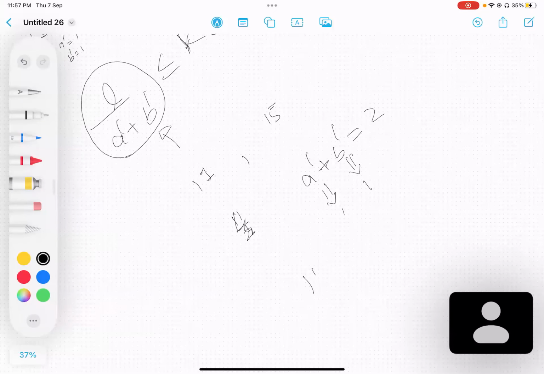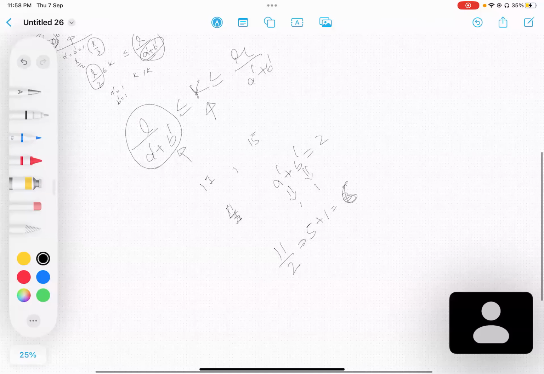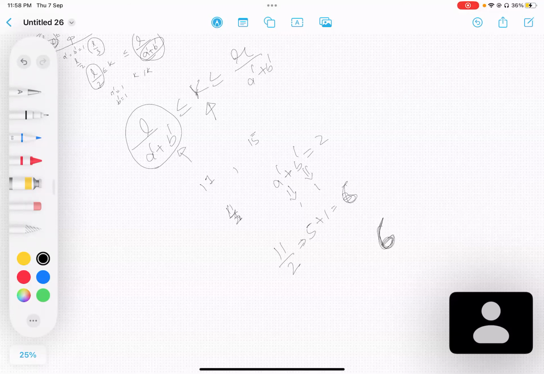If we divide 11 by 2, we will get 5, but we will have to take the ceil of it. So in that case we will have 6. So the minimum value of k has to be equal to 6.